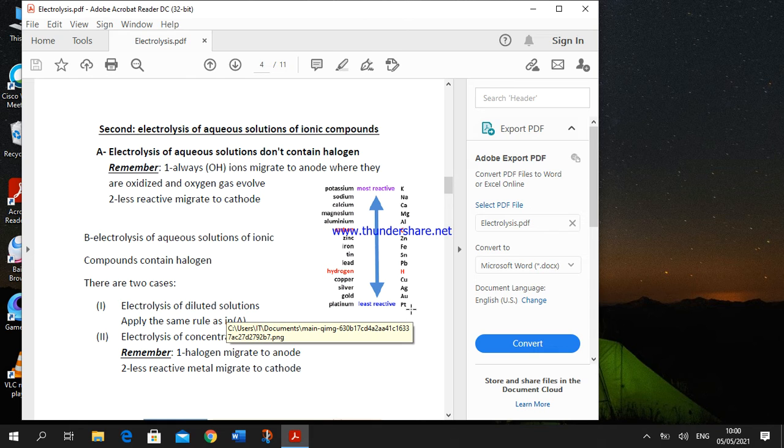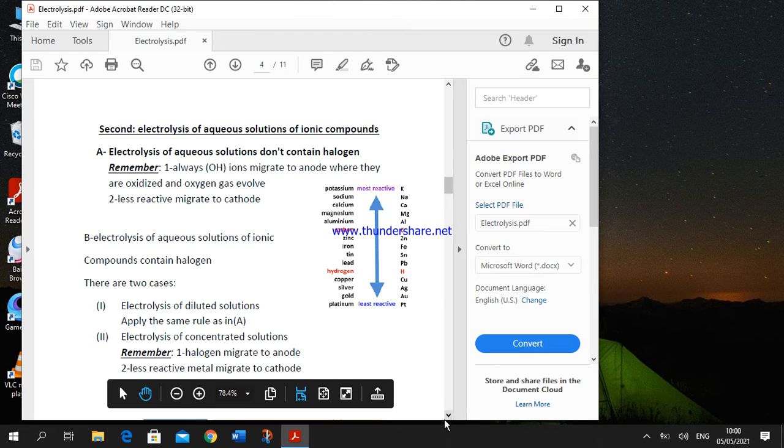Again, I will repeat. Electrolysis of an aqueous solution that doesn't contain halogen: hydroxide ions migrate to the anode where they are oxidized and oxygen gas evolves, and the less reactive metal, according to the chemical activity series, migrates to the cathode.